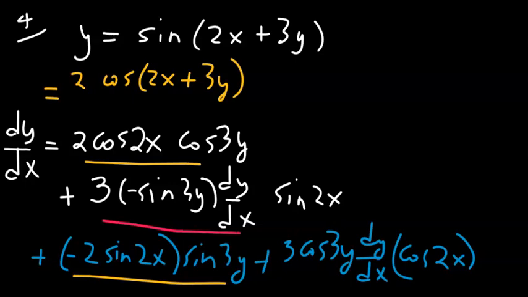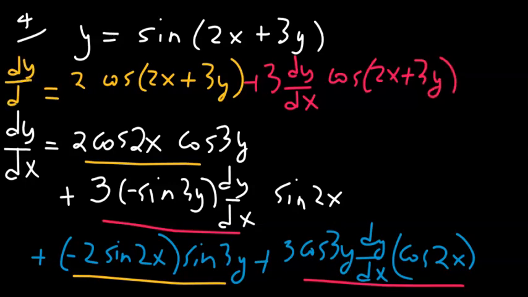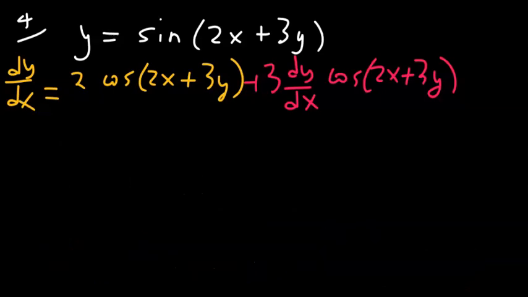Likewise, you can combine this term and that term using trigonometry identity in the following manner. Plus 3 dy/dx cosine(2x plus 3y). The left-hand side is, of course, dy/dx, namely this. Now we can solve for the dy/dx.